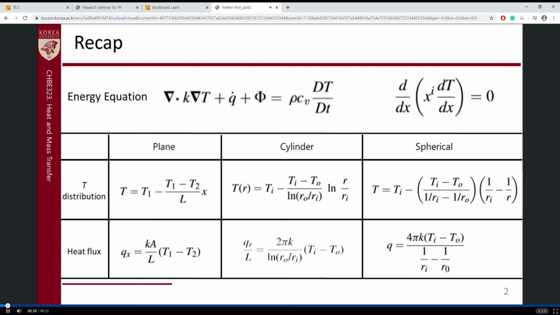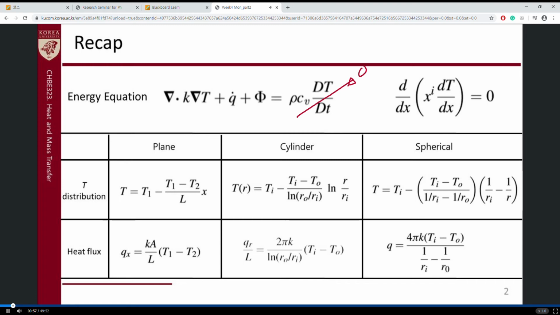So let's recap the last week. From week 2, we derived the energy equation, and we always use these equations, right? And then in the last 2 weeks, we learned the steady state condition, where the temperature is not changing with time.